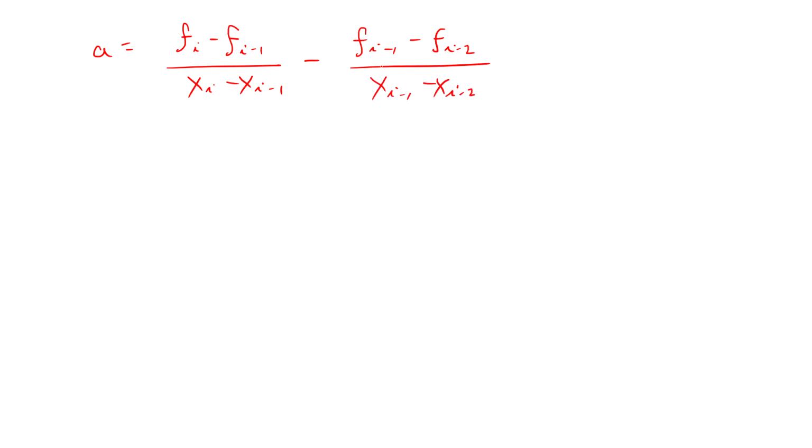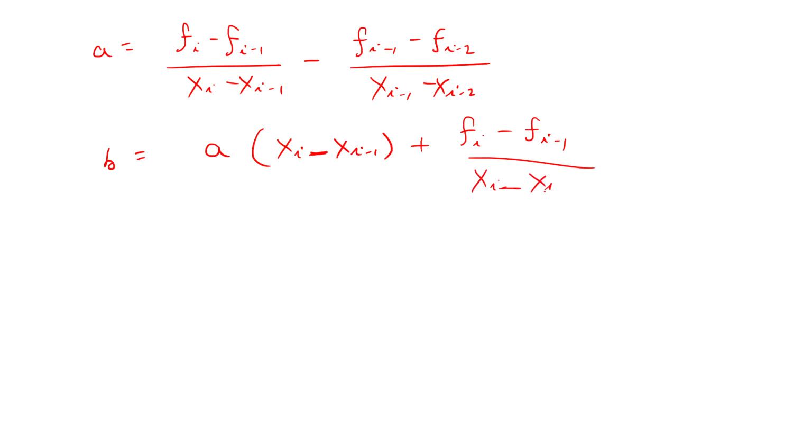So this will be my A. My B will be this A times xi minus xi minus 1 plus f of xi minus f of xi minus 1 upon xi minus xi minus 1. So this is my B, and my C is nothing but f of xi.